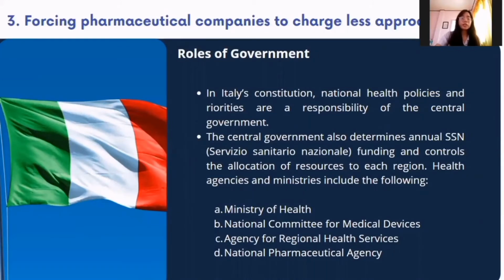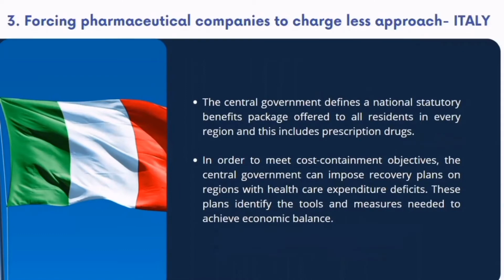Lastly is the National Pharmaceutical Agency, which governs prescription drug pricing, reimbursement policies, and all other matters related to the pharmaceutical industry. Next. The central government defines a national statutory benefits package offered to all residents in every region, and this includes prescription drugs.